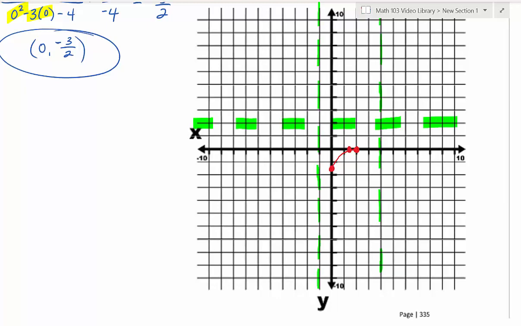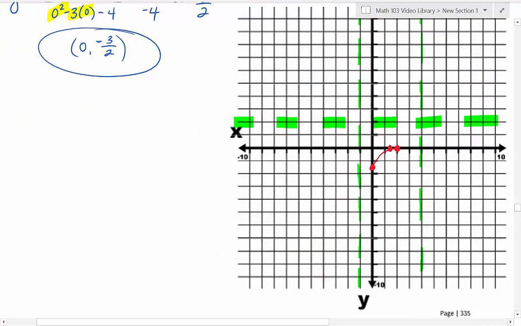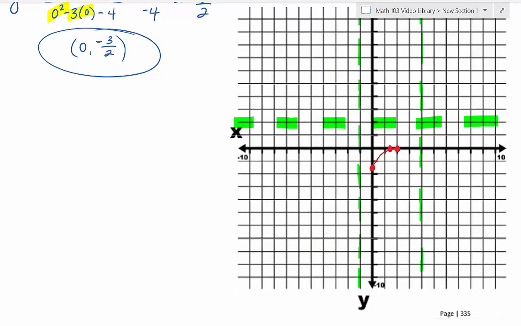We're going to make an XY chart to get additional points. We want to choose numbers. Notice how the two vertical asymptotes break up our plane into three regions. We have all this over here to the left of the leftmost vertical asymptote. Then we have the region in between the two, and then we have the area to the right of the right one.